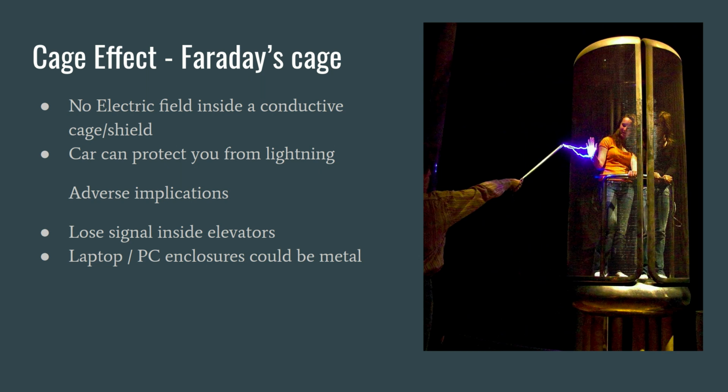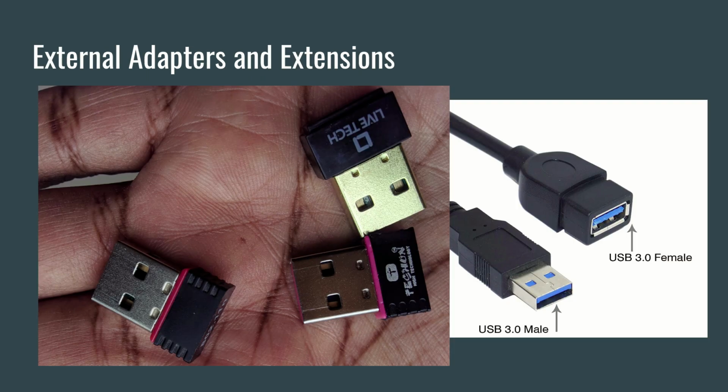And the same thing happens in laptop or PC enclosures, which are built using metals. A common solution for addressing this is to use a USB extension cable with a Wi-Fi adapter. I have a few of them with me.